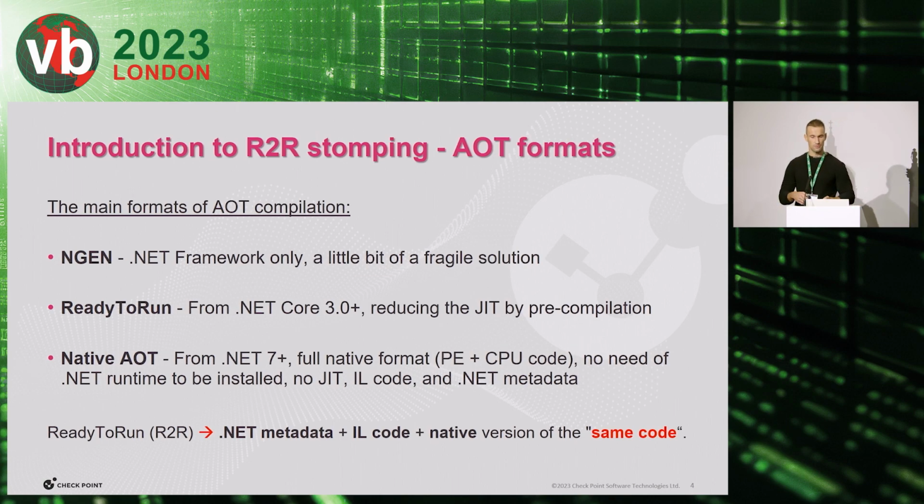This form is supported from .NET Core 3, and it reduces the JIT by pre-compilation of the IL code to native code. The last one is also the newest one. It's the native ahead-of-time format, and it's supported from .NET 7. It's the real full native format, so we have the real native PE and CPU code. There is no need for the .NET runtime to be installed to run this native ahead-of-time file format. There is no JIT, IL code, or .NET metadata.